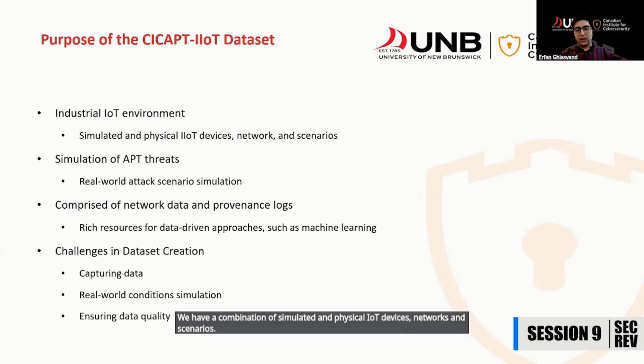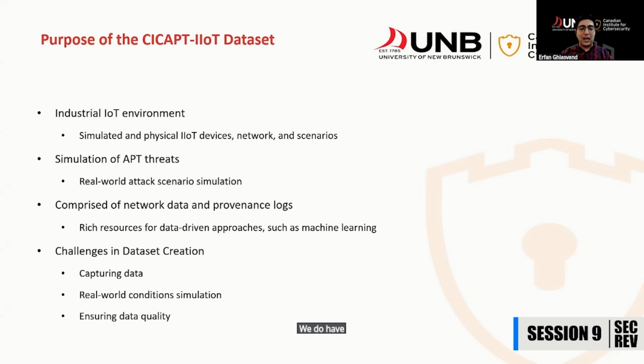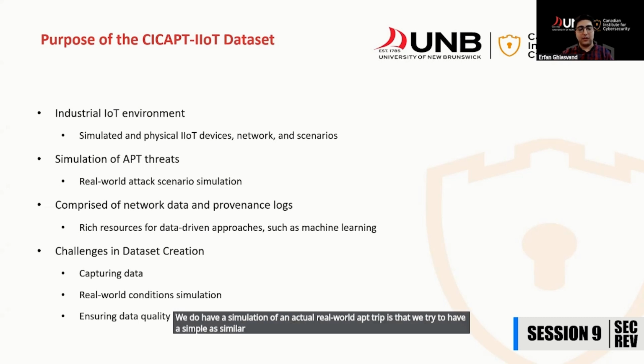We simulate an actual real-world APT threat, trying to have a scenario as similar as possible to a real-world APT. Our dataset comprises network data and provenance logs. I will talk about these later, but we need these resources in order to develop a very good machine learning solution.